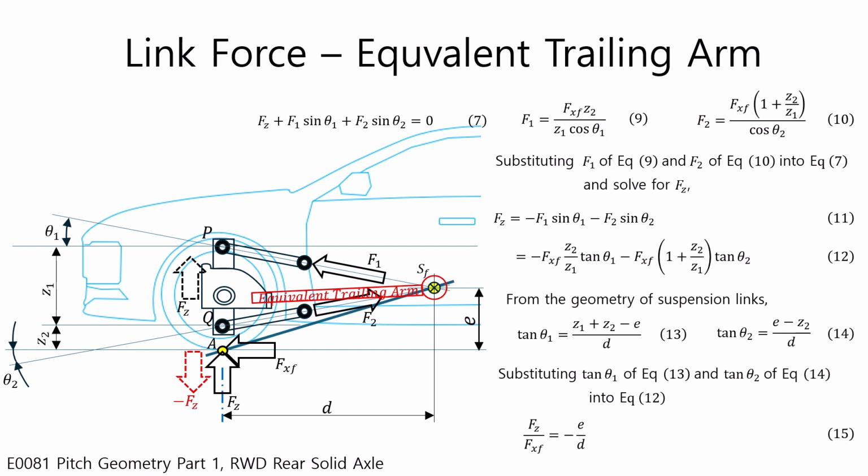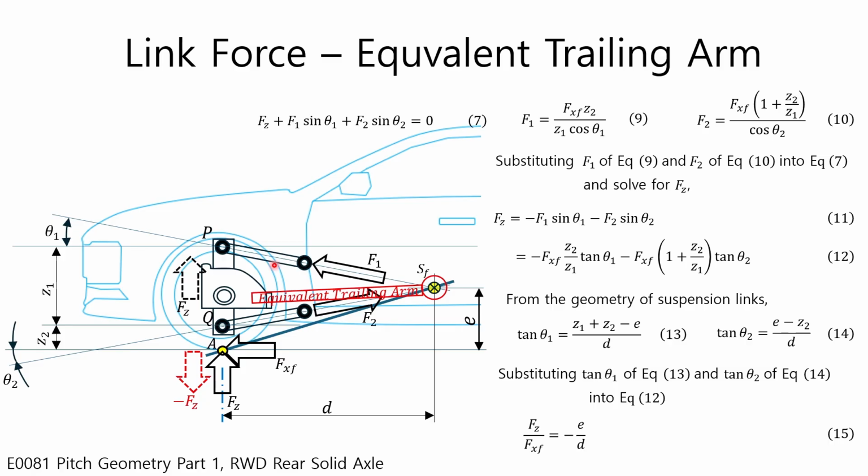Let's continue with the concept of an equivalent trailing arm. As explained in the previous video, E0081, pitch geometry part 1, rear wheel drive with rear solid axle, all suspension links, including the wishbone suspension links, can be replaced with equivalent trailing arms at any moment during the pitching motion using a virtual reaction point.